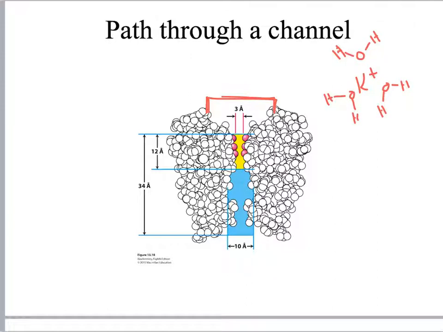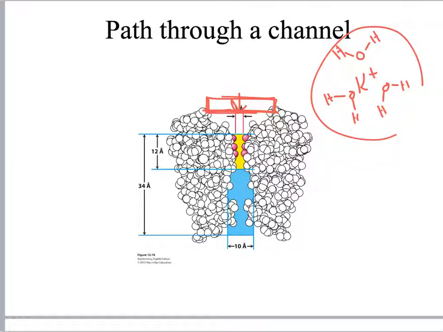So each ion has a hydration sphere that's going to be formed around it, and the size of that hydration sphere will depend on the size and the charge of the ion. So these are pretty large, and they will come in, so they need a large space to accommodate this. So the hydrated ion is going to be able to come in to this particular channel.